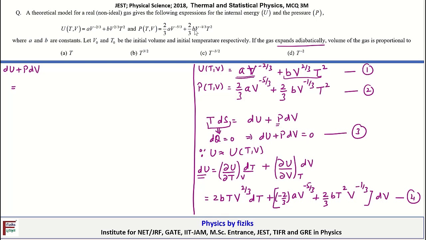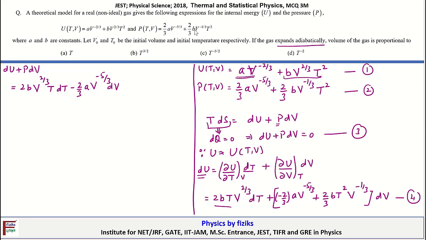That is here 2b v power 2 by 3 t dt, then the second term minus 2 by 3 a v power minus 5 by 3 dv.